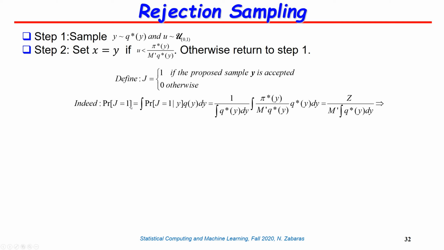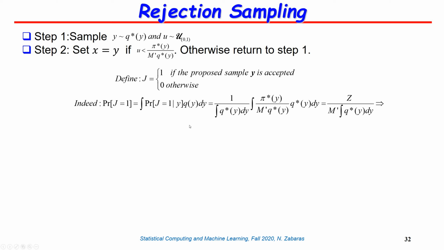Now, I can write this using the product rule of probability and marginalization, the sum rule of probability as well. So I can write this as the integral in y of q of y times the conditional probability of J equal to 1 given y. Okay? Nothing fancy, right? I am using both the product and the sum rules of probability.